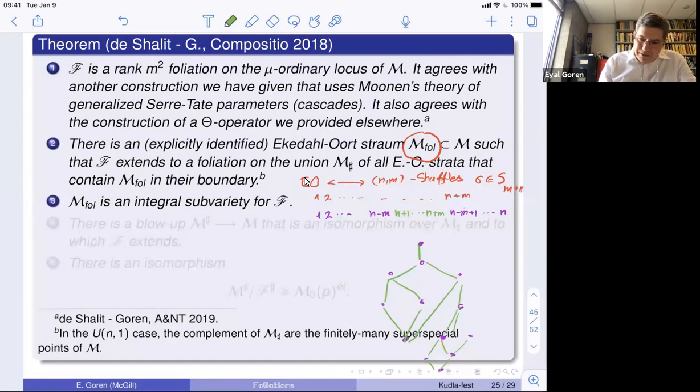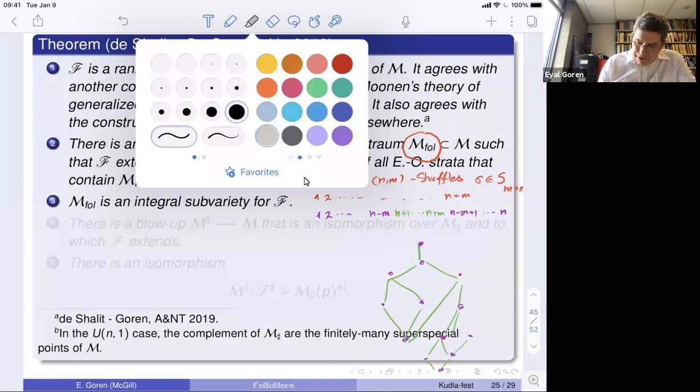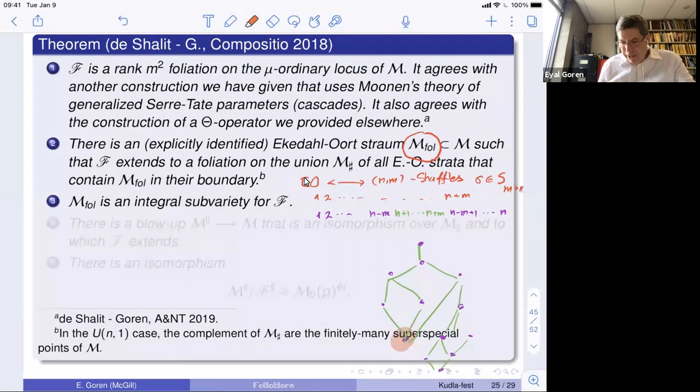Somewhere here there's this S4, M4, a particular Ekedahl-Oort strata, and everything containing it in its boundary has the foliation defined on it.